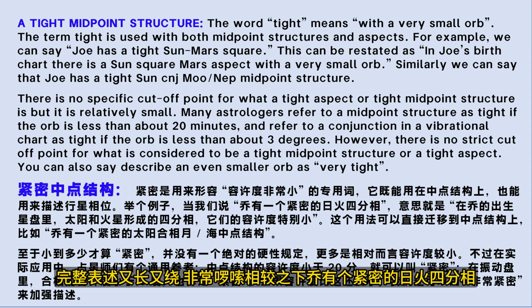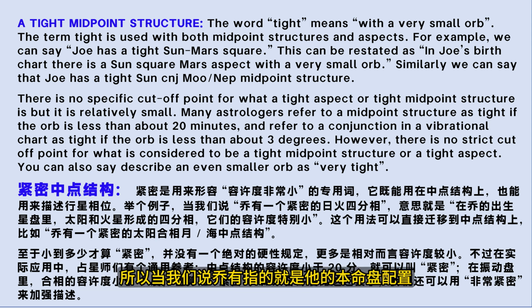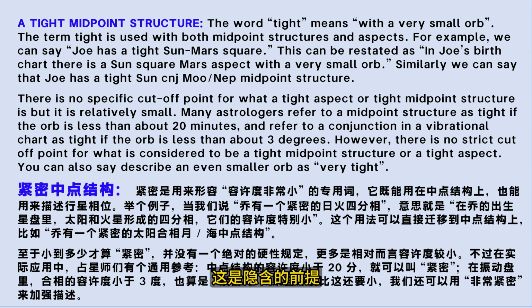That's a lot longer and convoluted compared to just saying Joe has a tight Sun-Mars square. When we say Joe has, that means the natal chart. It's what's implied. Tight means with a very small orb. So that's what tight means.